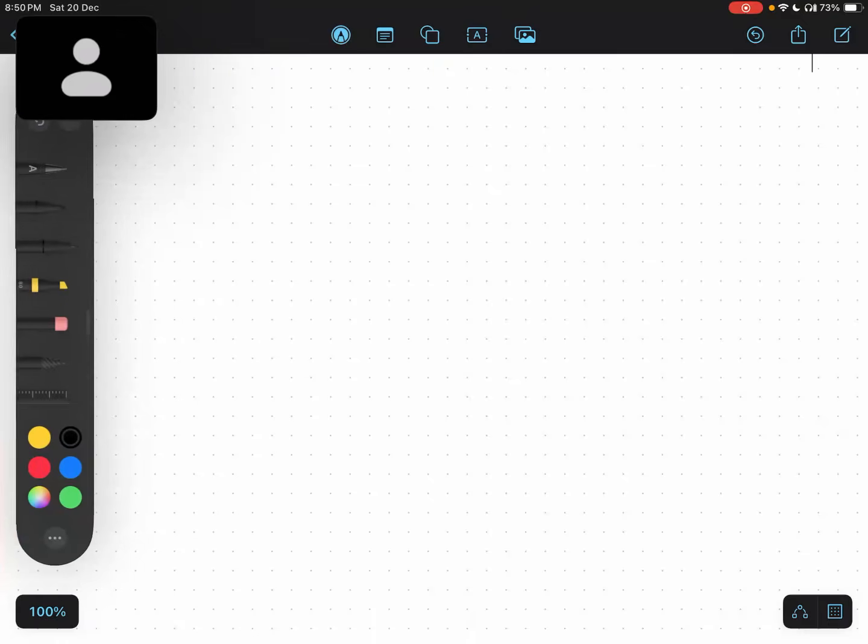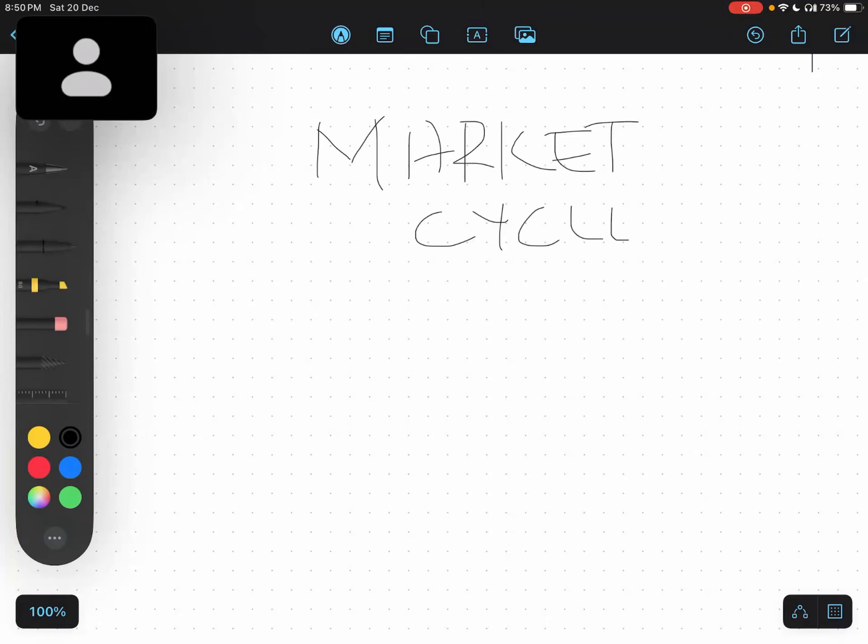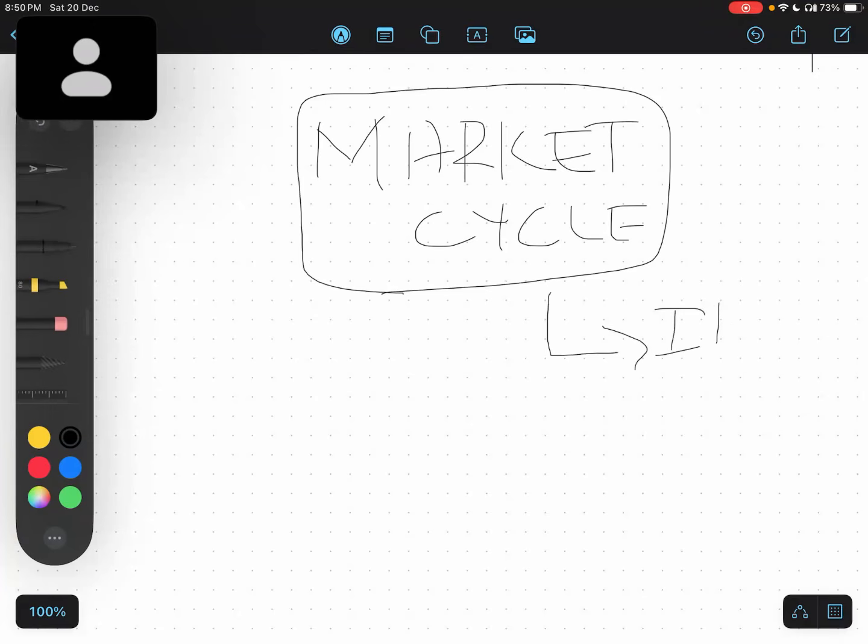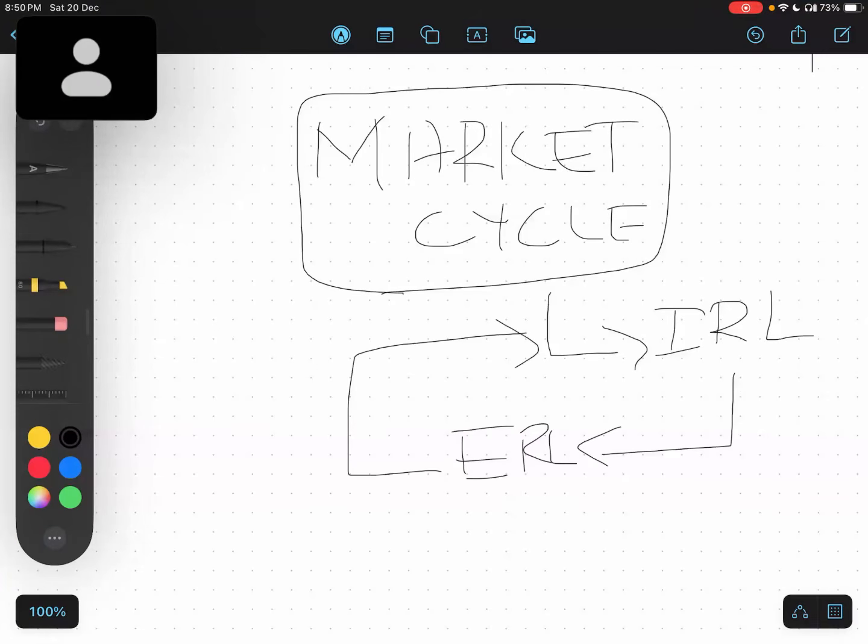So you all know how the market cycle performs. So what is the market cycle? The market cycle was the candle going to move from internal range liquidity to external range liquidity and then it moves to internal range liquidity.